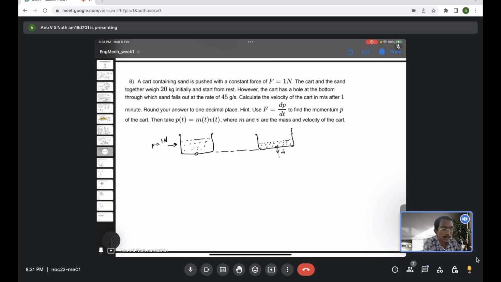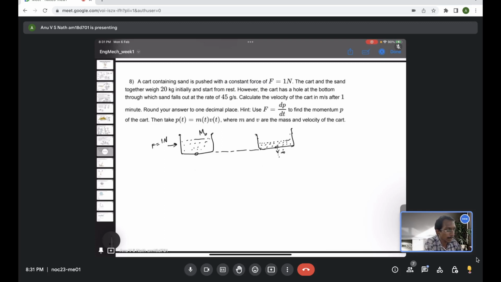The dot represents the time derivative. So let the system initially have a mass of capital M0, consisting of both the cart and the sand. Together it is 20 kilogram.